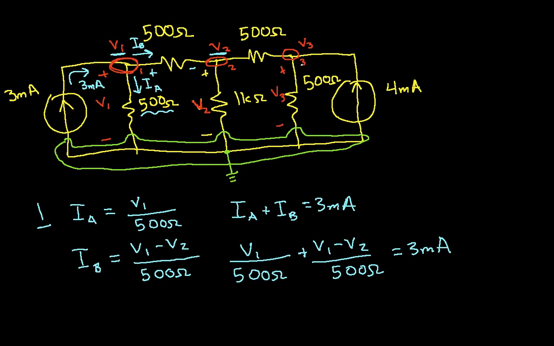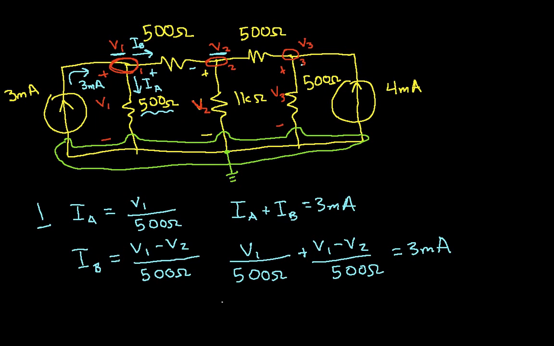I could leave it at this, but in order to do step 4, which is solving the system of equations, I want to simplify it one step further by combining all the terms that include V1 and making them one term, then combining terms that include V2.